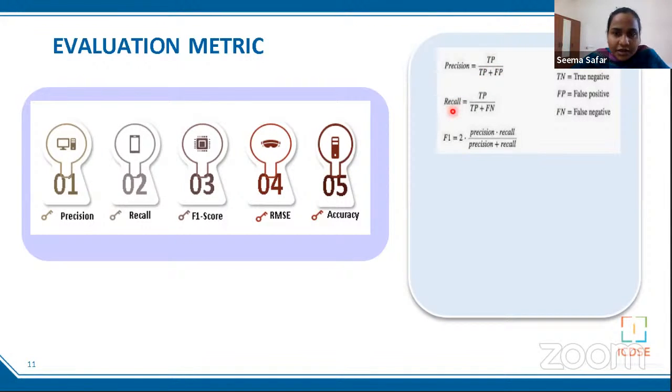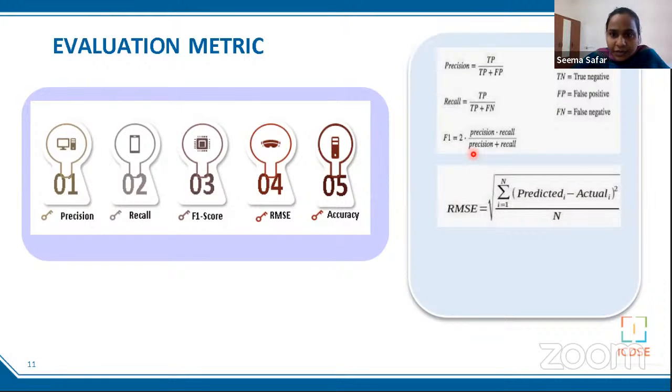Talking about recall, of all the relevant ones, it tells us how many we retrieved. The F1 score is calculated based on this formula. After that, we have used root mean square error to understand the difference, which is the square root of the difference between the predicted value and the actual value. And accuracy was calculated based on this formula.